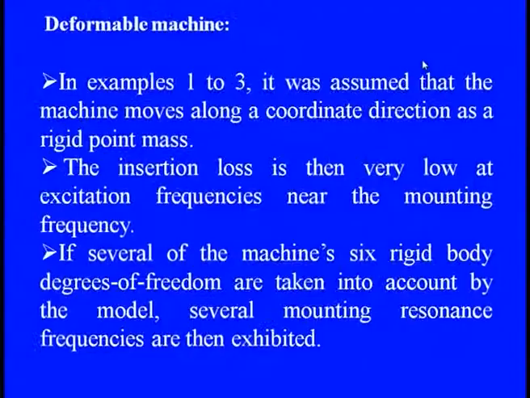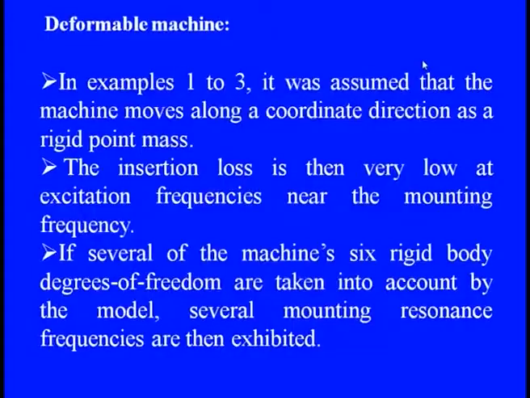Now here, if the nature of the machine is deformable, we can see how the coordinate directions are considered, because till now we considered the point mass of the motor itself, and now we would also like to see how the insertion loss varies. The insertion loss is very low because the rigid point mass at the exciting frequency is near the mounting frequencies.